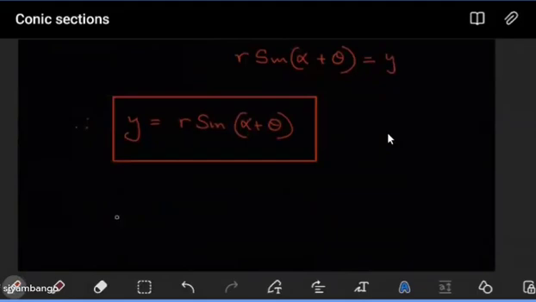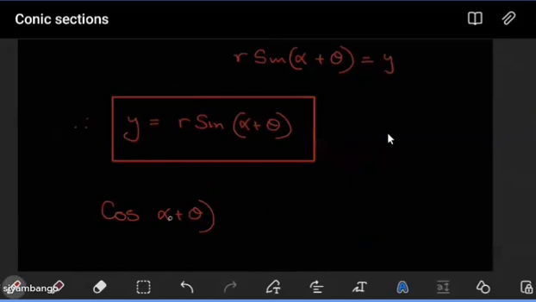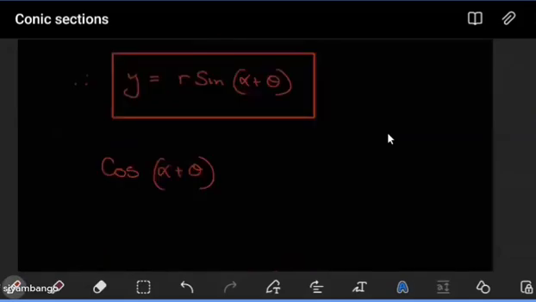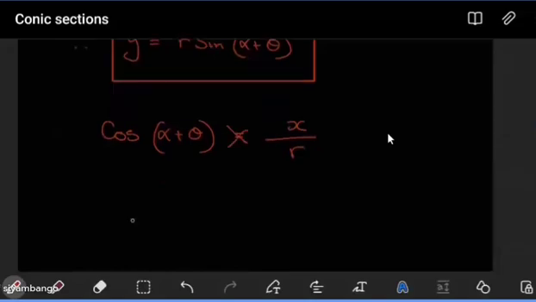In the same way, if we use cos alpha plus theta, remember cos is adjacent over hypotenuse. The adjacent in this case is x. So this will be equal to x over the hypotenuse, which is r. So when you cross multiply here, you end up with x being equal to r cos alpha plus theta.